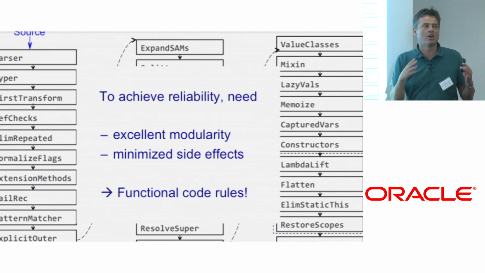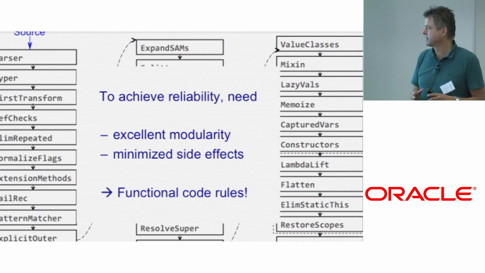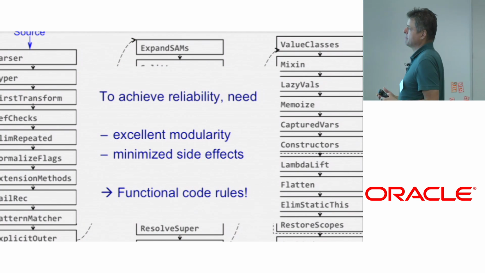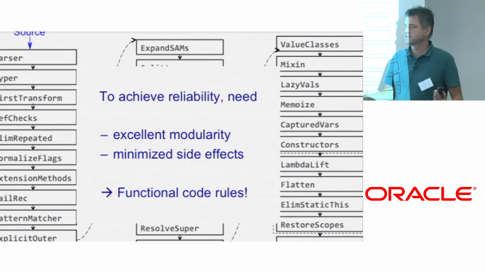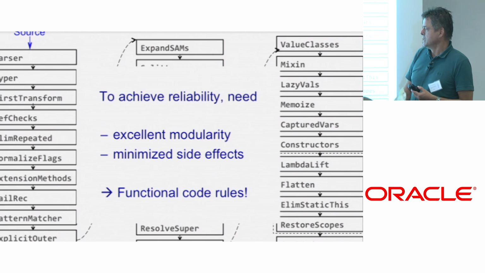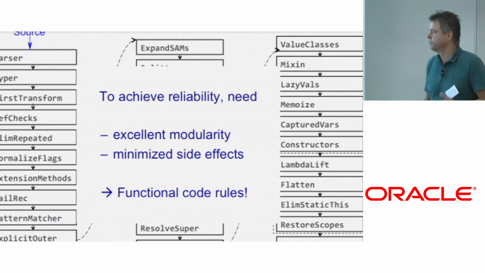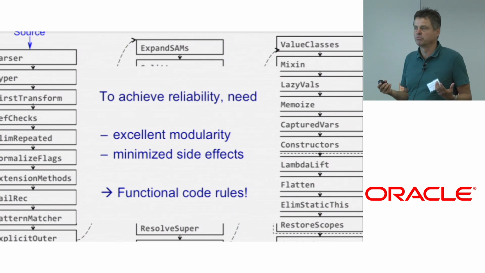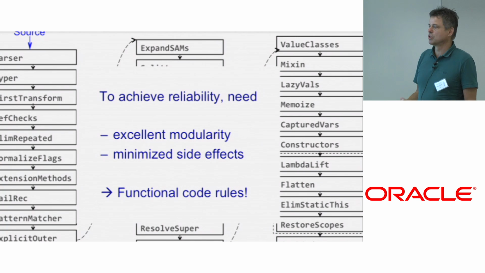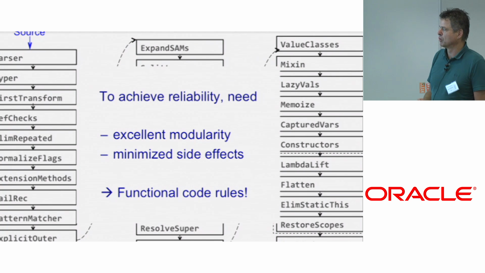You really need a lot of discipline to avoid that, and you need to minimize the side effects and be able to test a lot of your postconditions. So for all that reason, it would be very attractive to have a functional style, because functional code is known to be essentially much safer in that way. You can control your effects much better if you write things in a predominantly functional style.